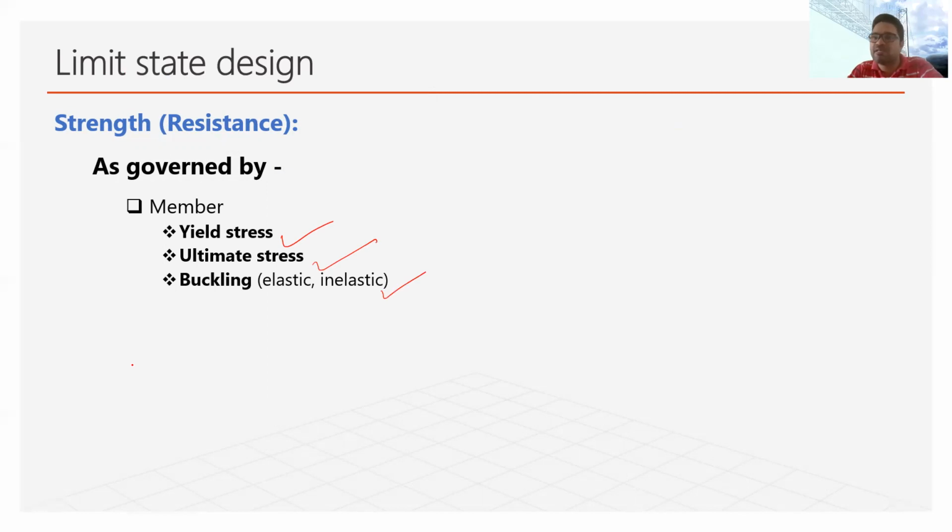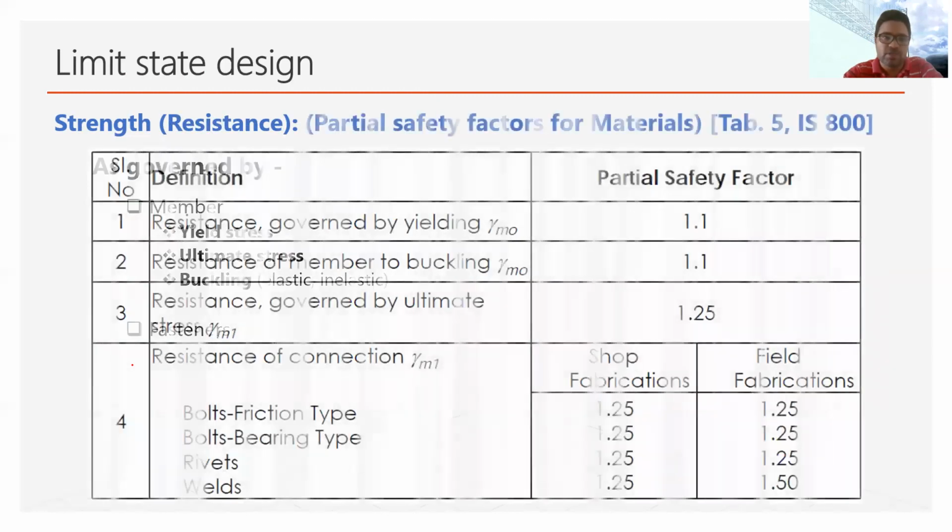Buckling may be in case of compression members, where buckling strength is considered. So buckling may also govern the strength of a member. And the other factor which governs the strength of a member is the fasteners or connections. Connections are also very important, and they also govern the strength of the structure or joint.